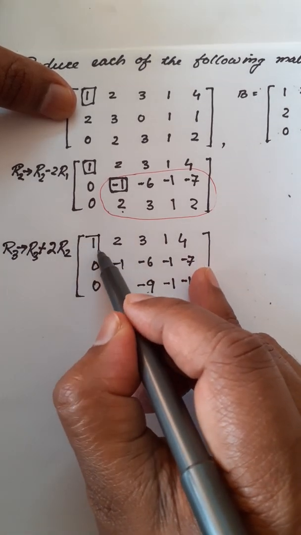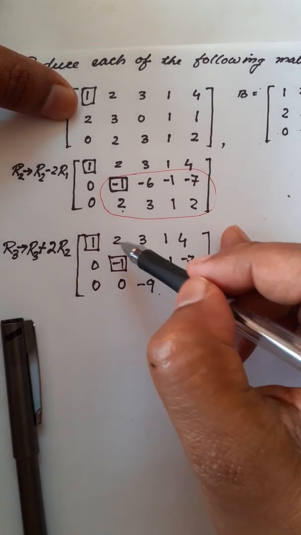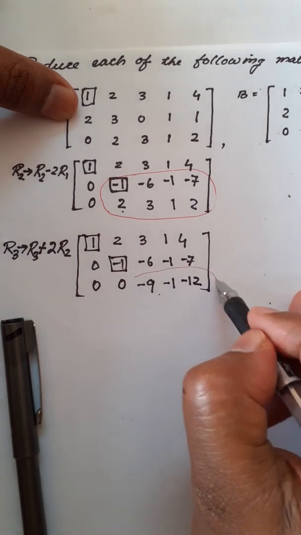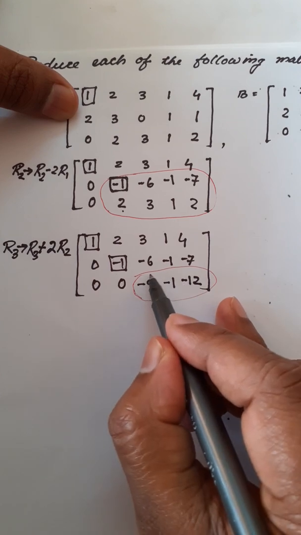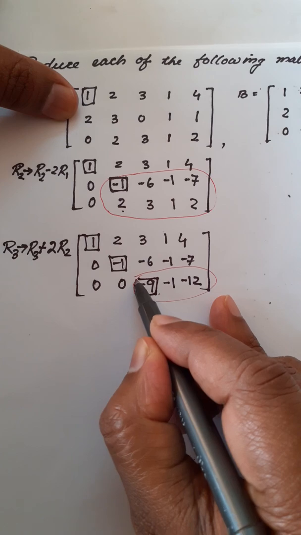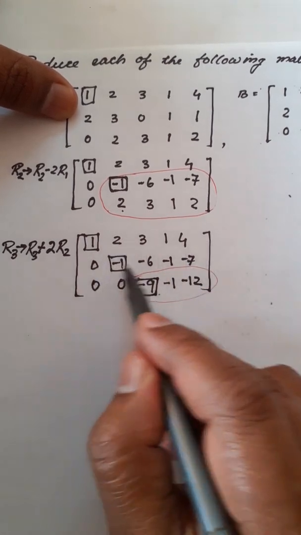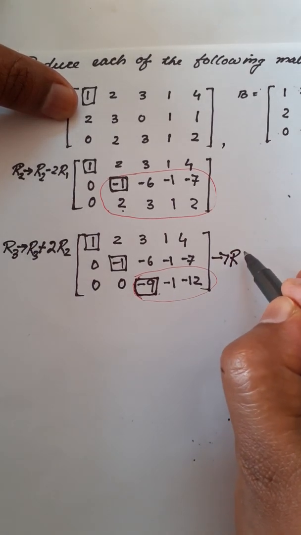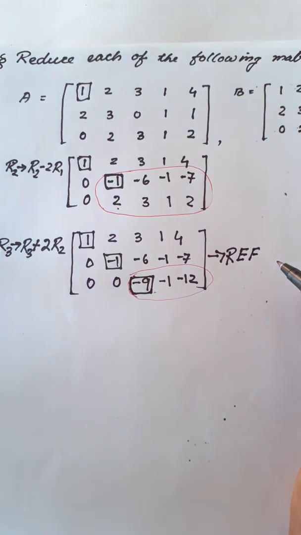So my first pivot is 1, second pivot is minus 1. Now we concentrate on this portion. Again, move from left to right. The first column is non-zero and the topmost entry is non-zero, so this is my third pivot. Once we have got a pivot in each row, this is the row echelon form.